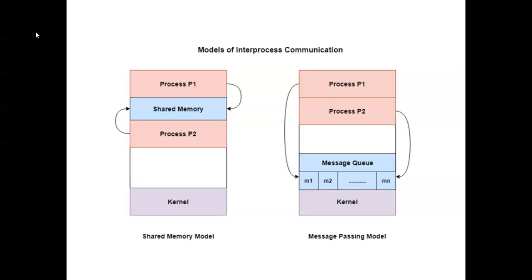Between the two, the shared memory model is easy to implement, but the drawback is that data might be lost because processes might use the same memory location. The message passing model is a little bit slow, but data won't be lost. So that's the main difference between message passing and shared memory models.